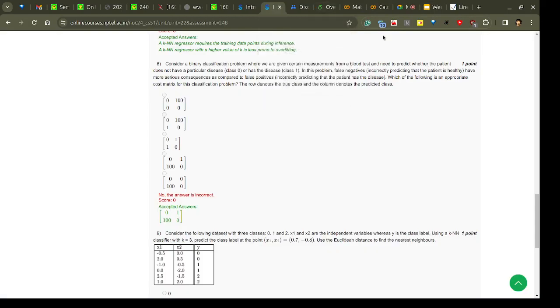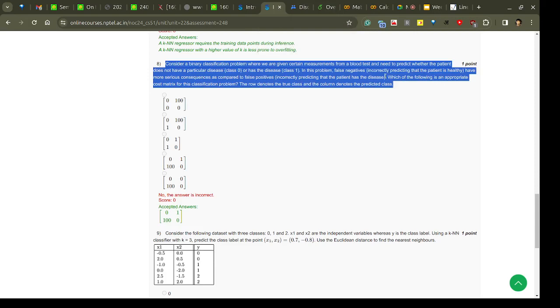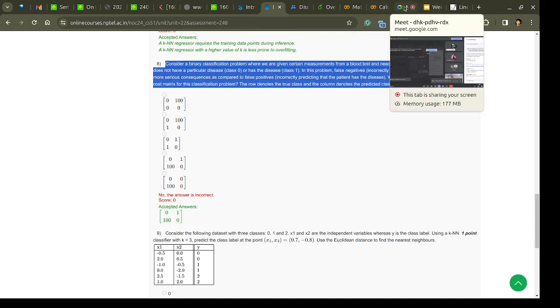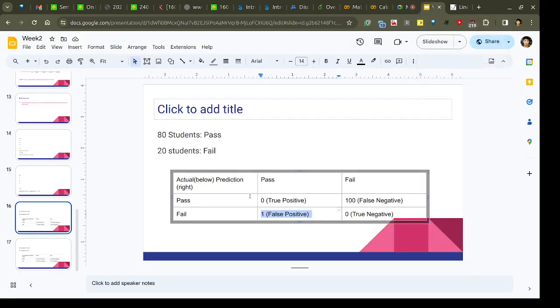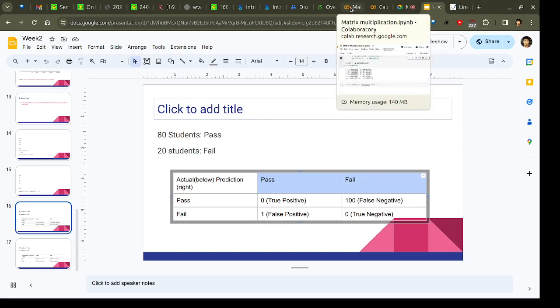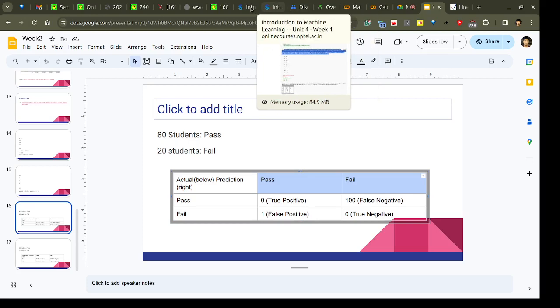Sir, but in this case also, actual is row, no? The example you have shown says the row denotes true class and column denotes predicted class. Wait a minute. So here also rows are actual and predicted is column. Row is the actual, right?